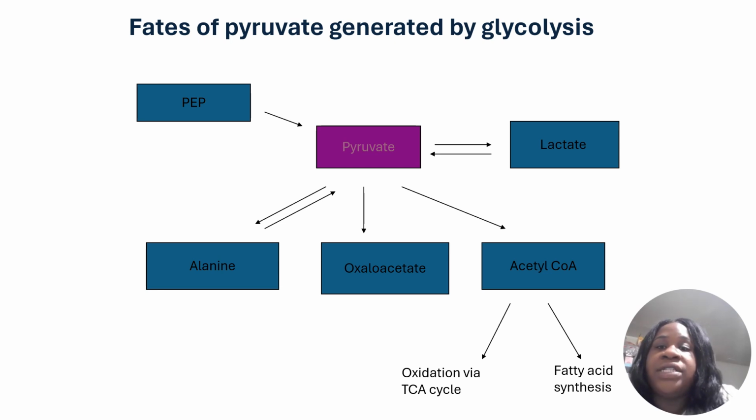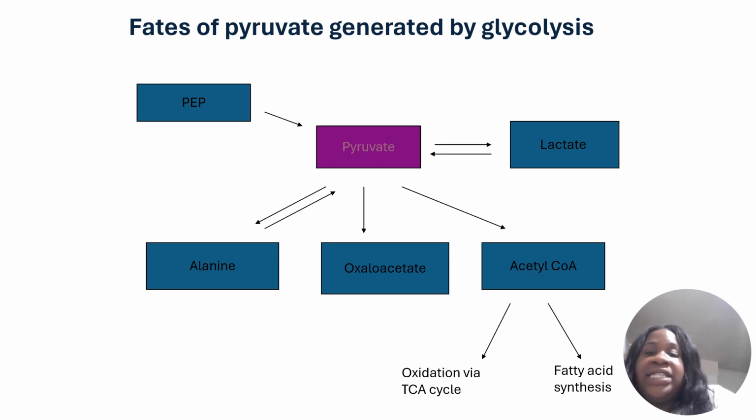This conversion occurs in the mitochondria and is a crucial step in linking glycolysis to the citric acid cycle, also known as the Krebs cycle or the TCA cycle. So acetyl CoA enters the TCA cycle, where it is further oxidized to generate ATP through oxidative phosphorylation.